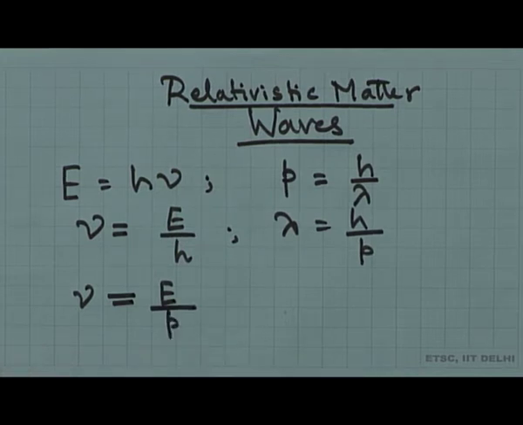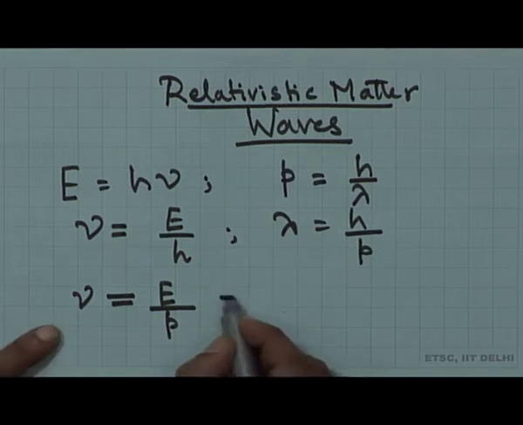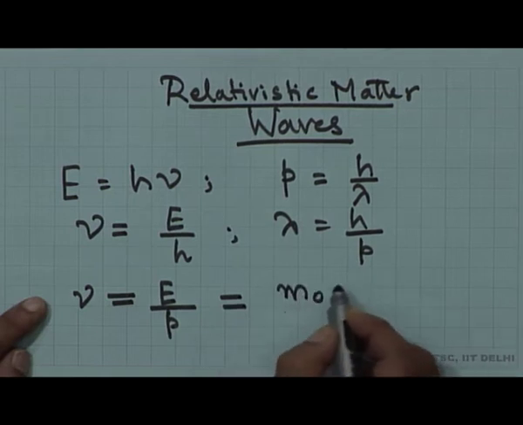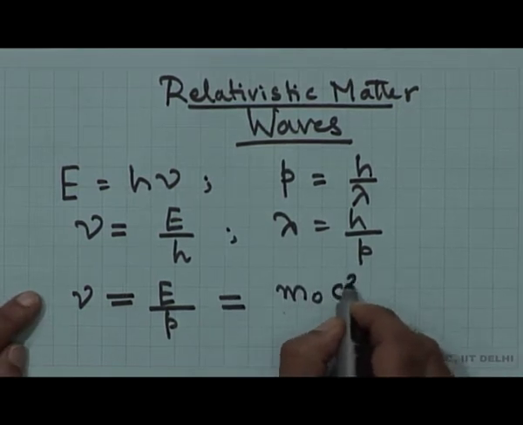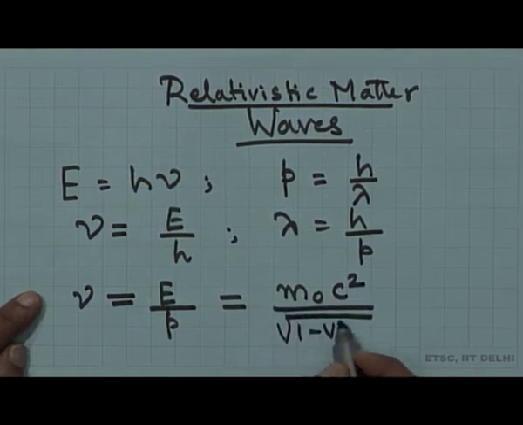I am repeating this calculation because it is worthwhile to have this kind of redundancy so that the idea gets completely fixed. Except that now for E and p I am not going to employ the Newtonian expression, but I will employ the relativistic expression. So what is my energy? My energy is given by m naught c squared over root of 1 minus v squared by c squared.